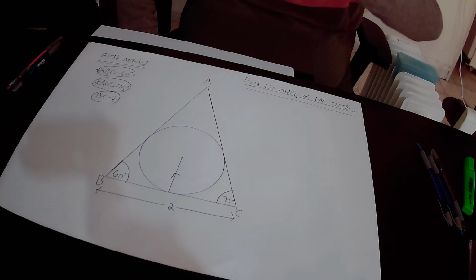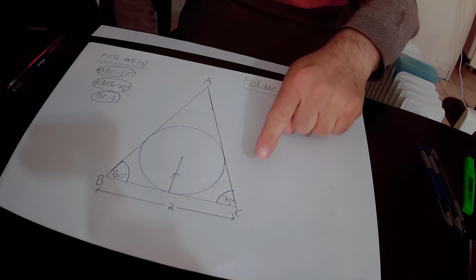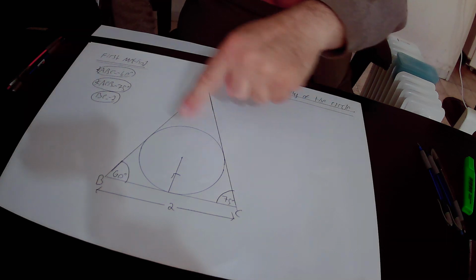So we start with the first method, and we'll do a construction. That is to say, from point C we'll draw a perpendicular on side AB.